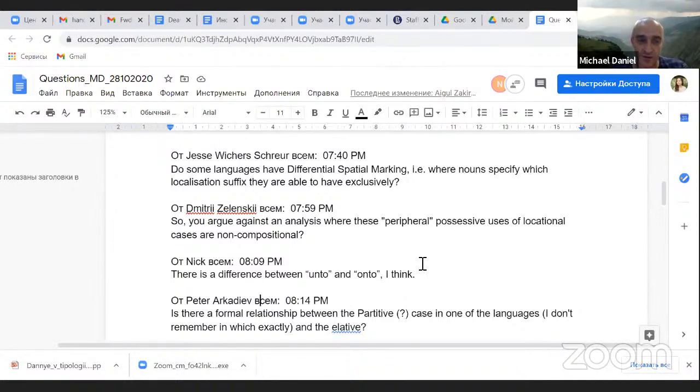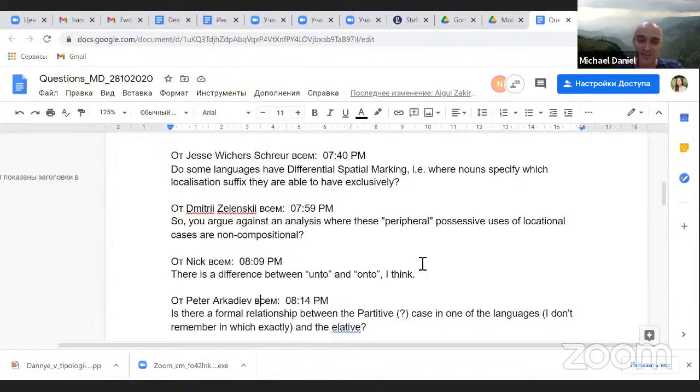One thing I argue against is that they are, in fact, more spatial than they may seem. Whether they do form these paradigms that I have shown or not, that's controversial because some languages put the temporary possessor, the so-called temporary possessor, and temporary recipient and retrospective possessor into one series using the same localization, but some other languages use different localizations.